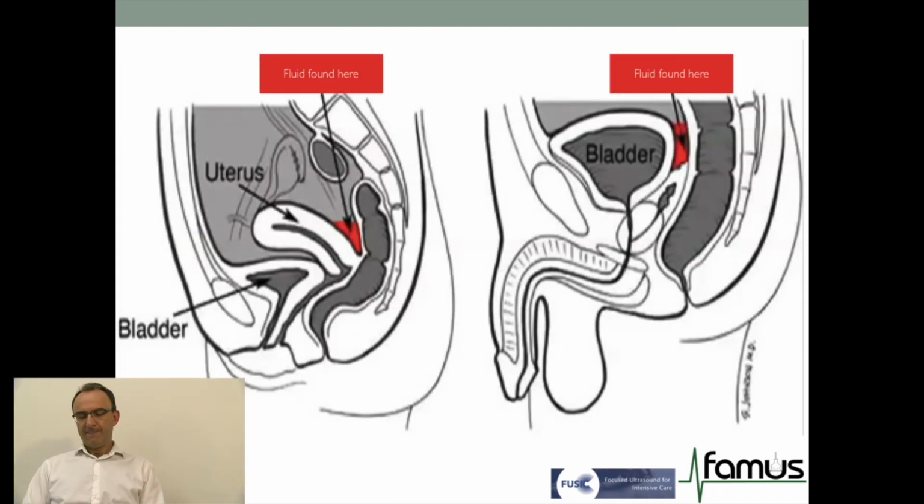So in this slide, the coronal view above the pubic symphysis identifies the presence of the uterus in the middle, of the bladder on the right, and of fluid which collects between the bladder and the uterus, but also behind the uterus, between the rectum and the uterus.